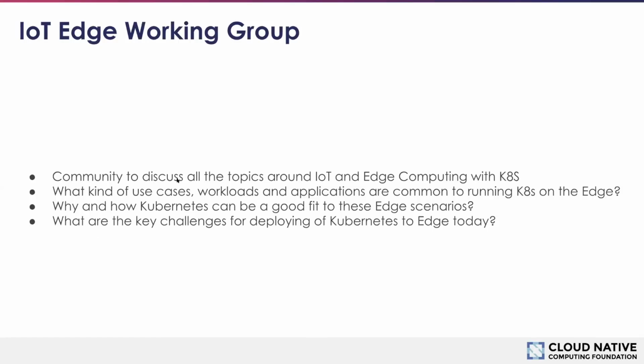So the reason we started this working group is that in the last couple of years we see that more and more people are trying to deploy IoT and Edge solutions using Kubernetes, and there were a lot of questions being asked on how we can use Kubernetes as a platform for all these kinds of use cases, from trying to deploy IoT cloud platforms in Kubernetes to deploying certain nodes on the edge or whole clusters on the edge.